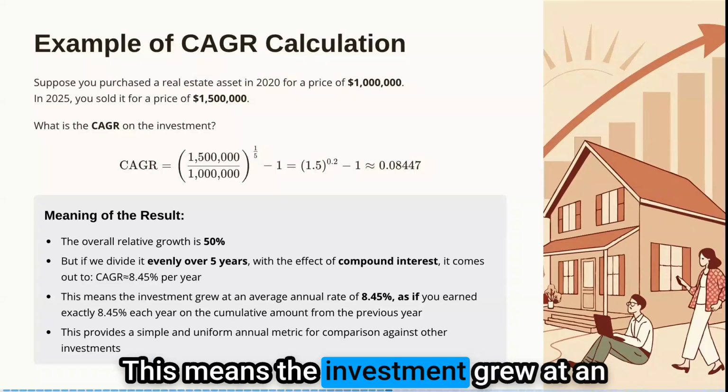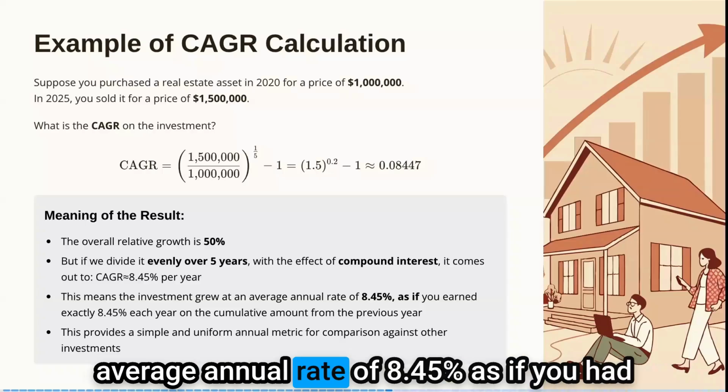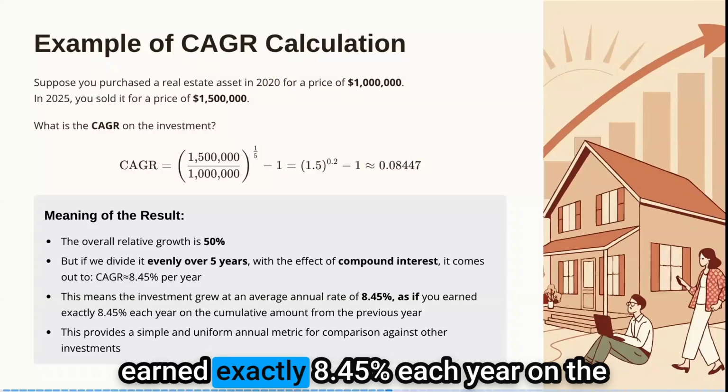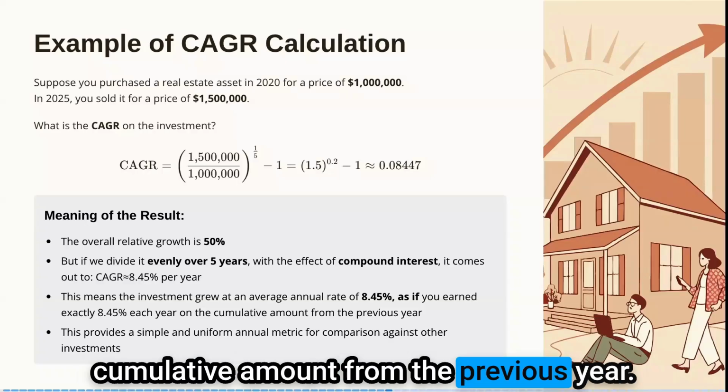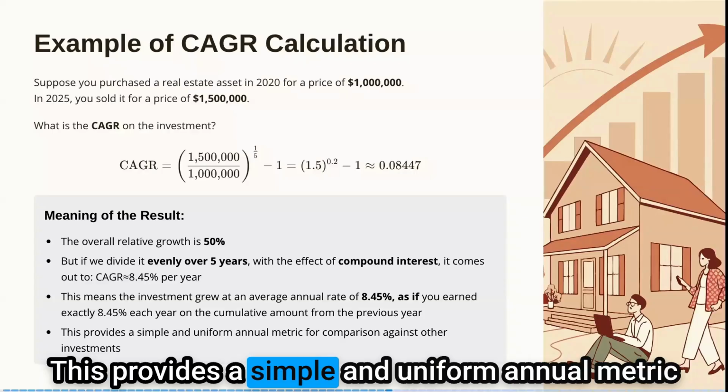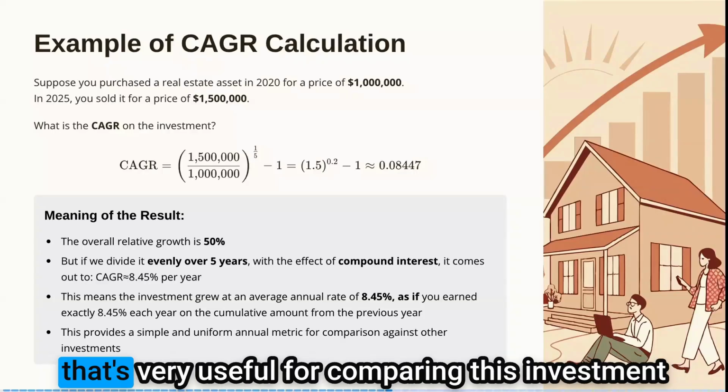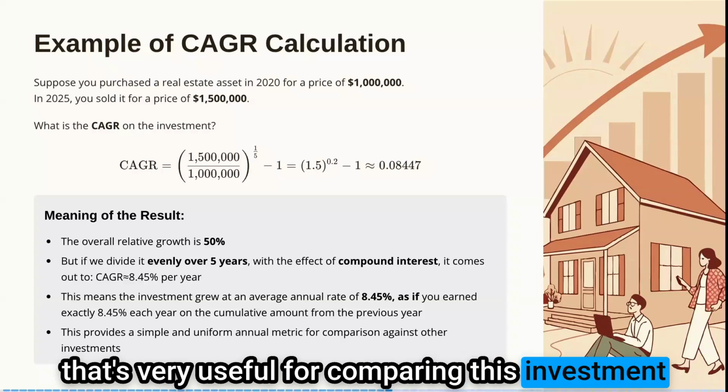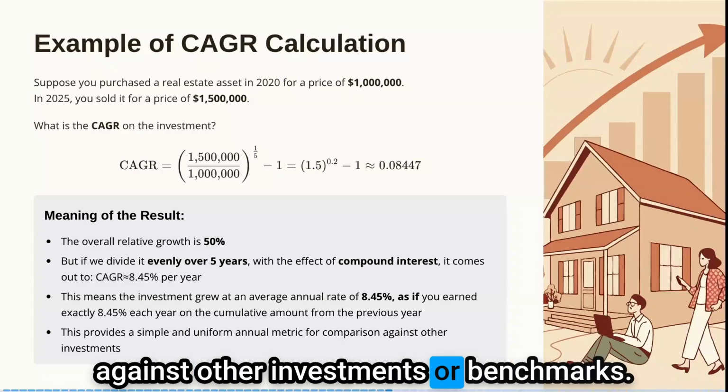This means the investment grew at an average annual rate of 8.45%, as if you had earned exactly 8.45% each year on the cumulative amount from the previous year. This provides a simple and uniform annual metric that's very useful for comparing this investment against other investments or benchmarks.